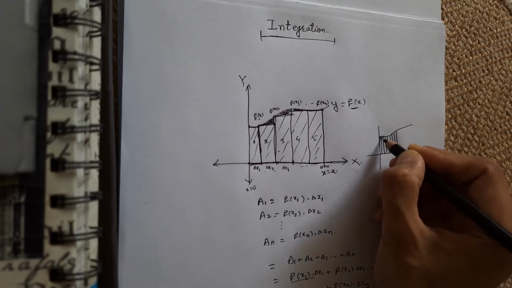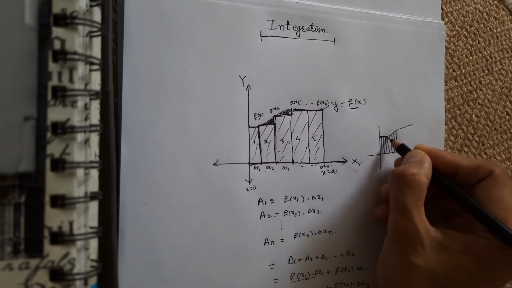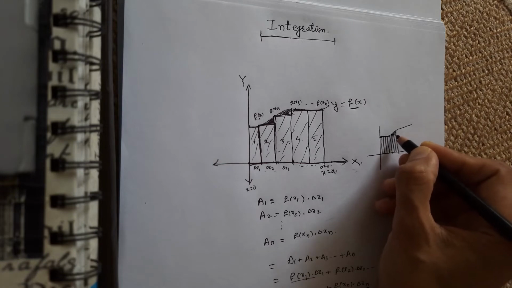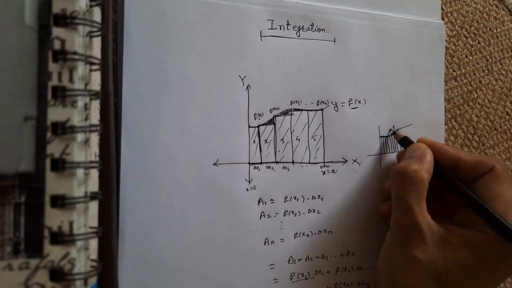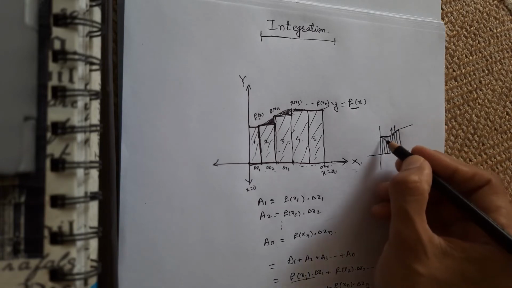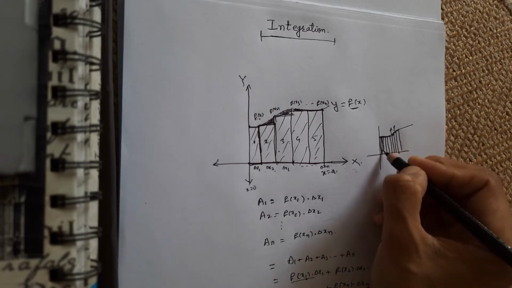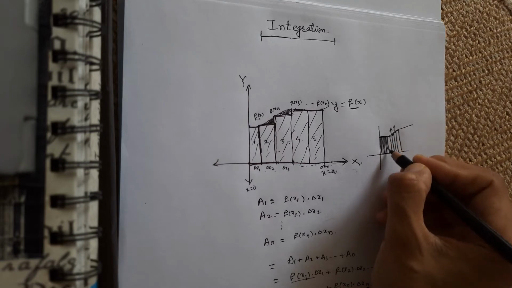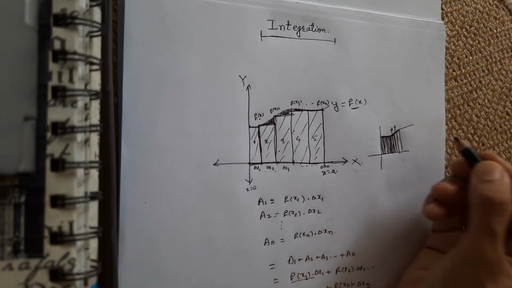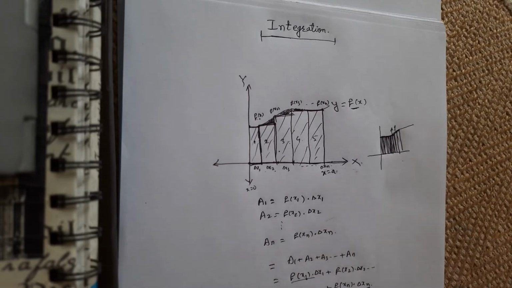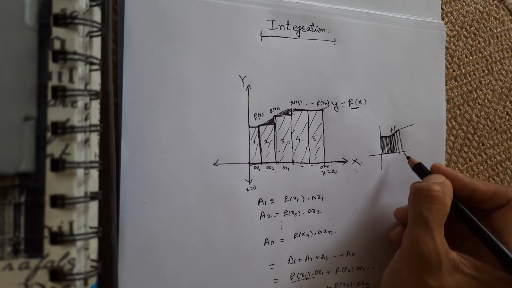When I approximate it, you can see that the part left out of the curve is a very small amount. If I divide it into even smaller rectangles, then this approximation will give the correct value and exactly represent the area under the curve.